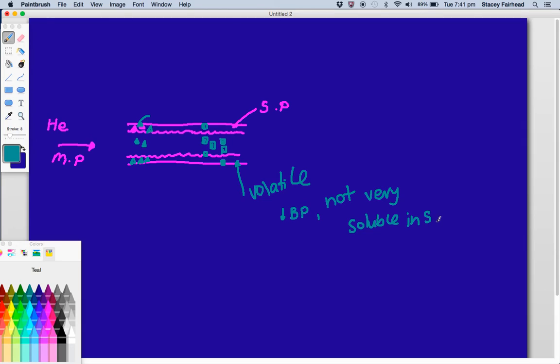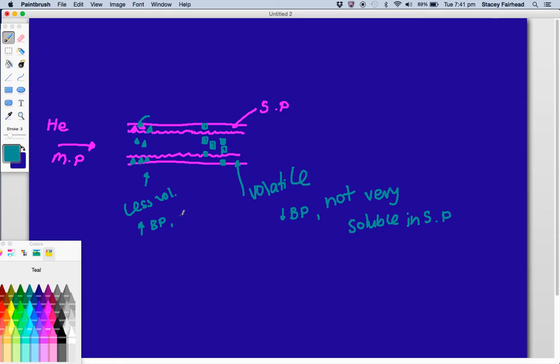The ones on the left-hand side, these ones, they are almost the complete opposite to this. So these ones here are much less volatile. Their boiling point is more because they're more inclined to stay in the liquid phase rather than the gaseous phase.